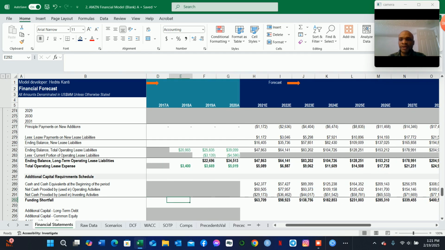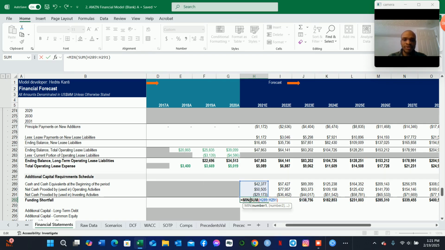In order to make this more dynamic, we're going to hit F2 and go back here and make sure that we grab the minimum of 0 or this amount. So what we are saying essentially here is that if there is any funding shortfall, let it give us 0.